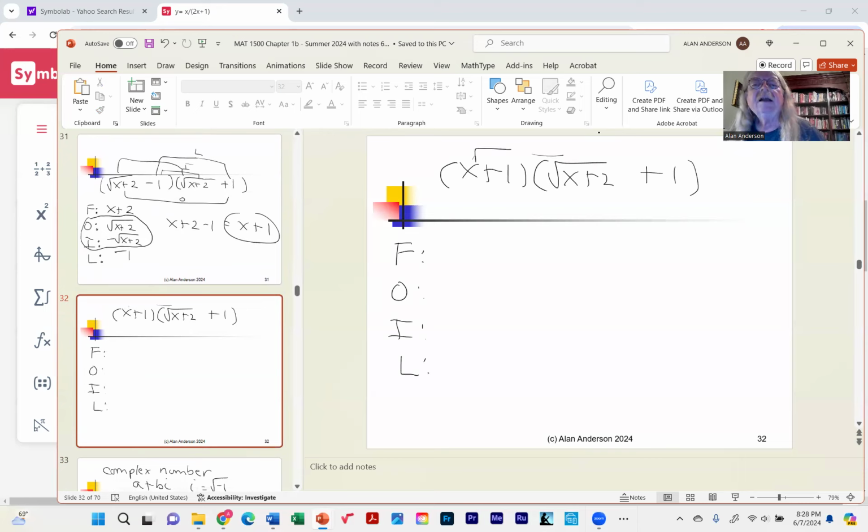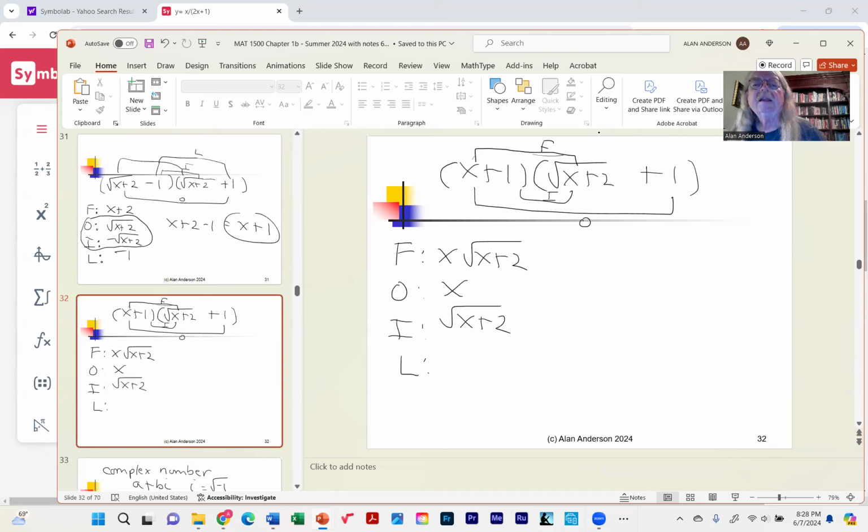First. Now, it gets a little messy here. We're not going to have any cancellations, unfortunately. So we're going to have x times radical x plus 2 here. Outer is x. Inner is radical x plus 2. And then last is these two, which is just 1.